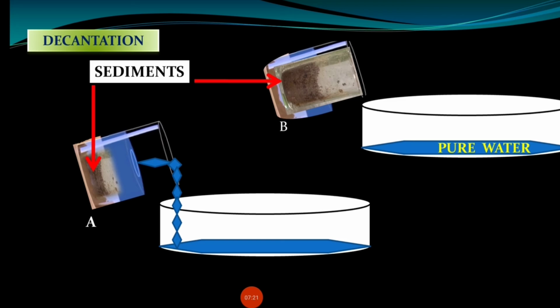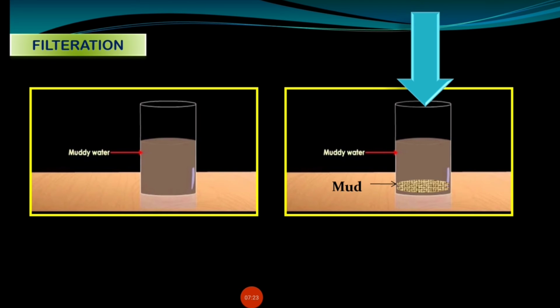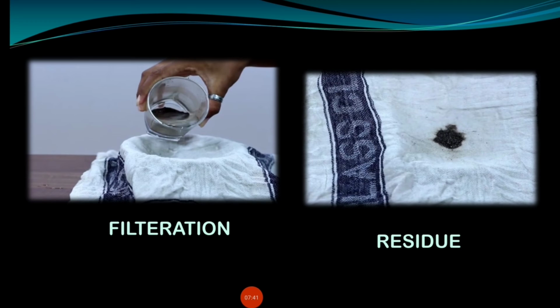Now, students, you understand very well what decantation is. See, this water is clearer than the muddy water that we started with, but this water still has mud in it. Now, the question is, how can we clean it? We can pass it through a clean cloth that removes the mud.